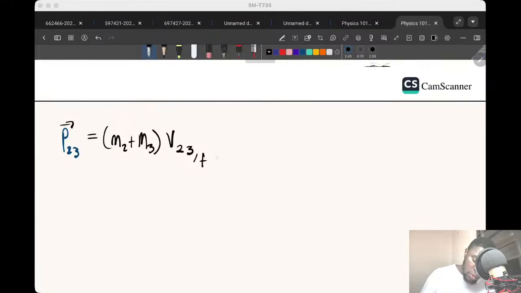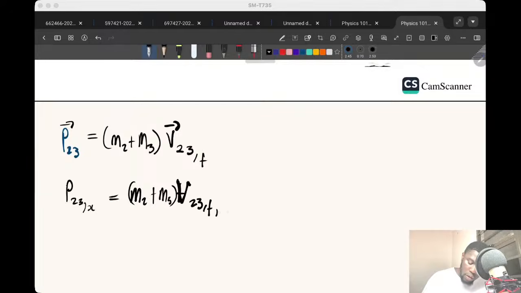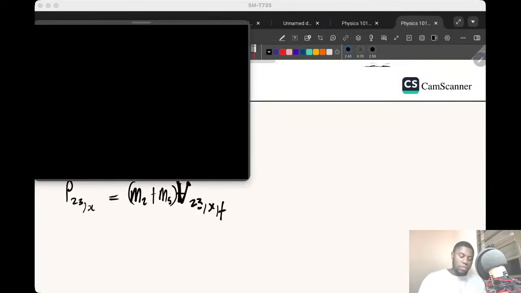Since it's stuck, it's called object 2, 3. So momentum of object 2, 3 in x is mass of 2 plus mass of 3, multiplying the final velocity of 2, 3 in x. We do the velocity in x.